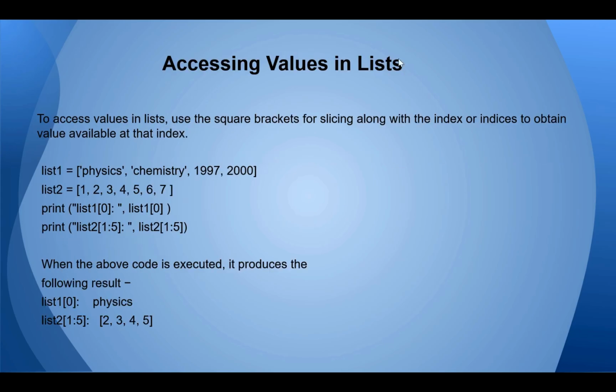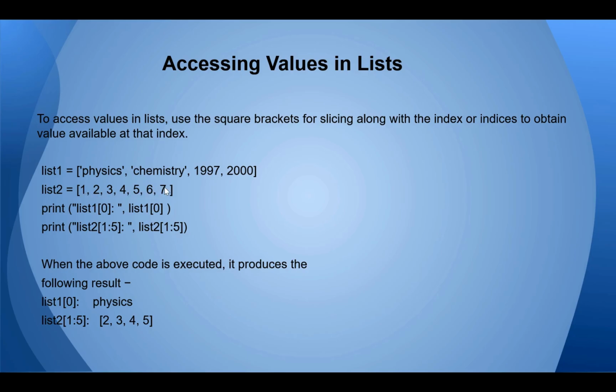To access the value of the list, let's say I have list 1. This is the variable name in which I have physics, chemistry, 1997 and 2000. Physics and chemistry are enclosed in single quotes because this is your string data type, right? And in list 2 I have 1 2 3 4 5 6 7.